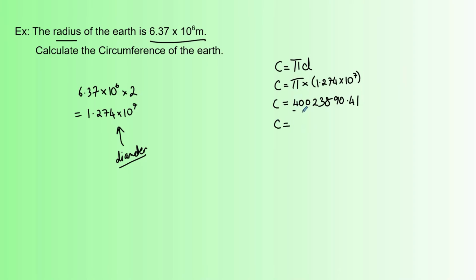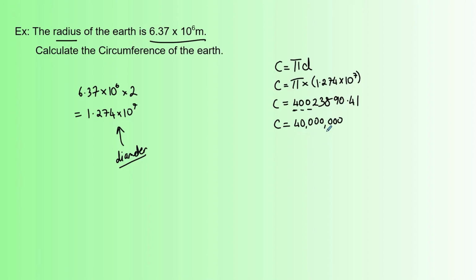The 4 is our first significant figure, so there's our 3 significant figures. It's a 2 afterwards, so we're going to round that to 40 million. I'll put commas in just so it's a little bit easier to see. The zeros replace all the other digits here, and what we're saying is, is it closer to 40 million or 40,100,000?